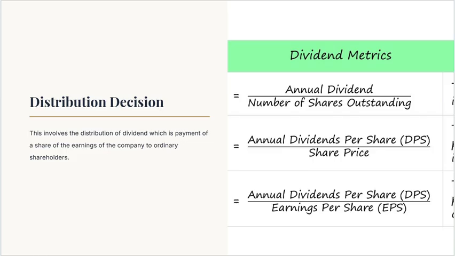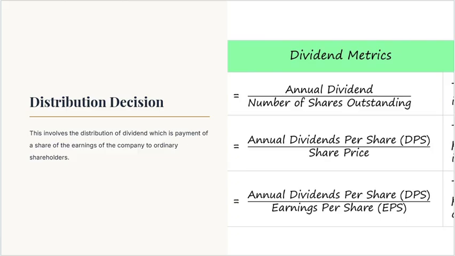And the last concern of financial management is the distribution decision, which we again call the dividend decision. And this has to do with what we do with our earnings at the very end of the financial year. So once the business has made profits, we've paid our tax obligations, we must make a decision, what do we do with the remainder?